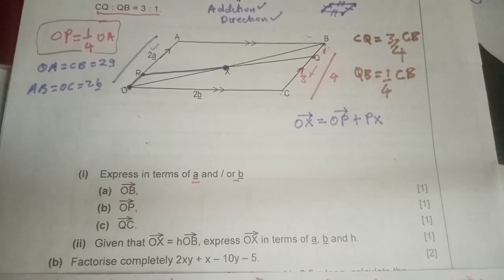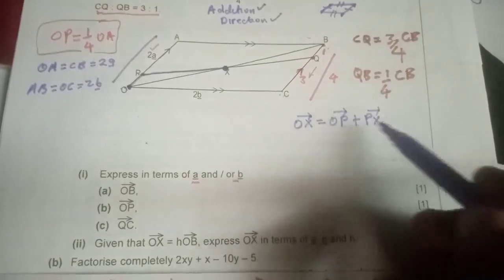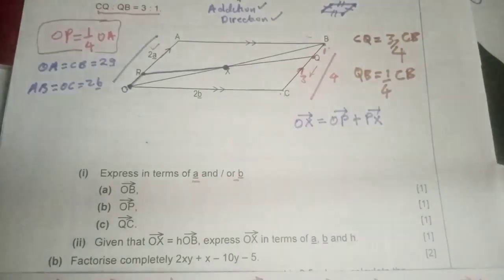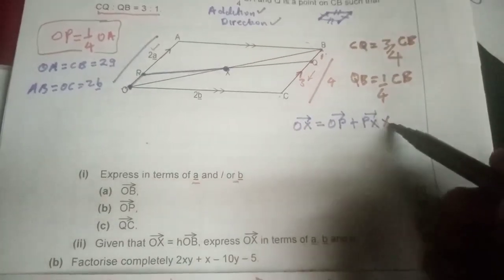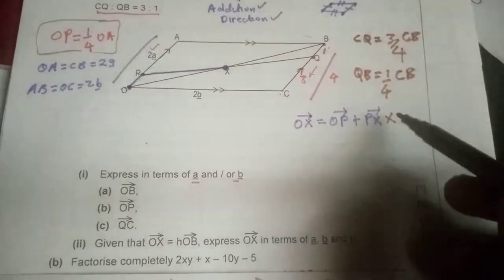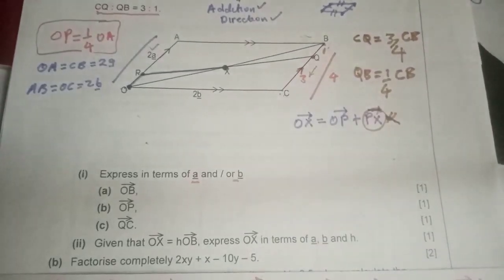Now the problem with this direction is that quite alright, you have OP, but you don't have PX. So this disqualifies this direction. You can't use it because we have nothing for PX. We don't know what PX is. So let's look for another way.